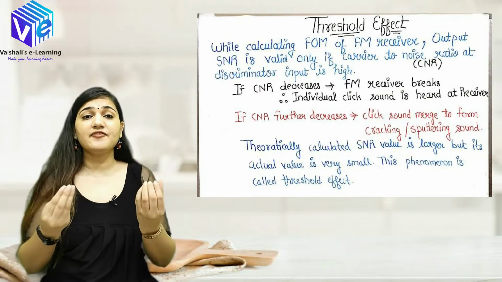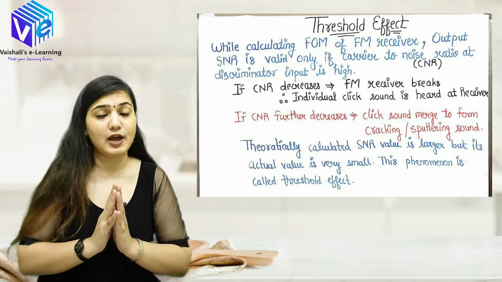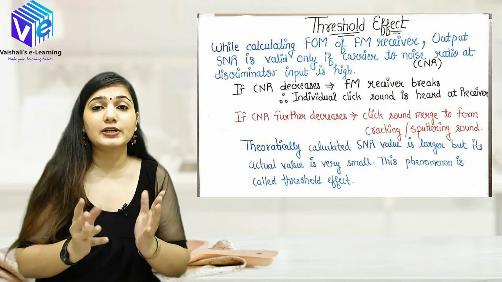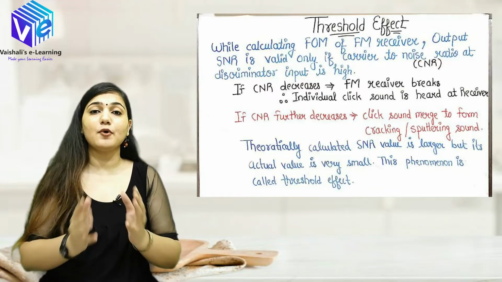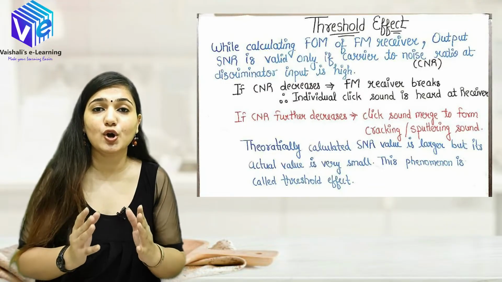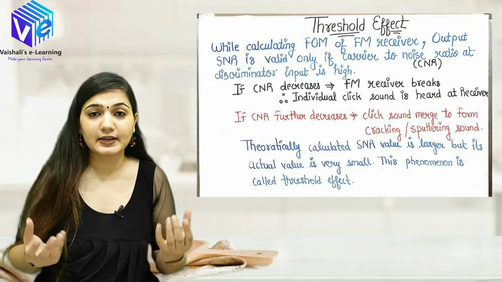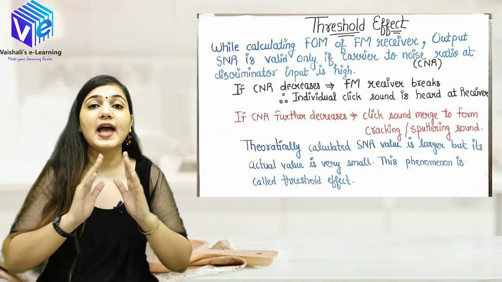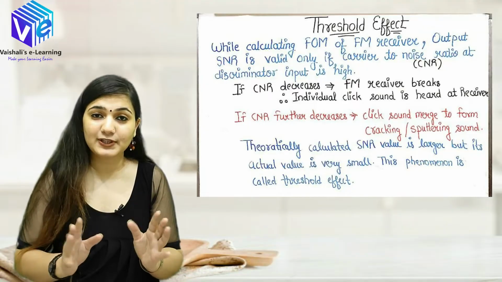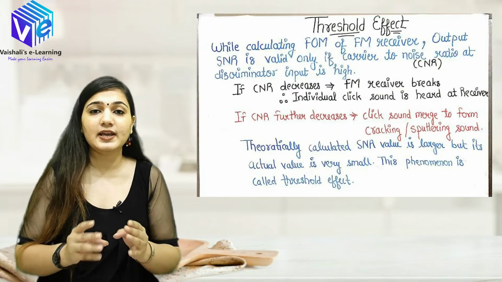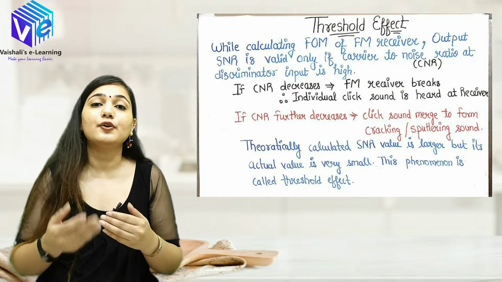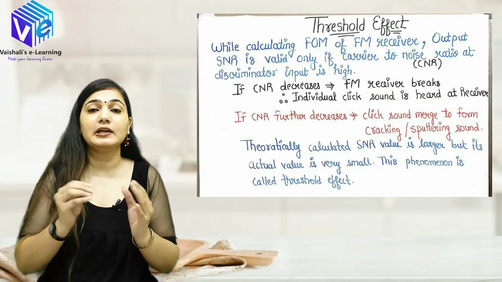This effect is called the threshold effect. I hope it is now clear what the threshold effect is. It depends upon the carrier to noise ratio at the input. So the output SNR that we calculated is not the actual practical output, it is the theoretical output only, and the SNR will drop a lot and there will be clicks.